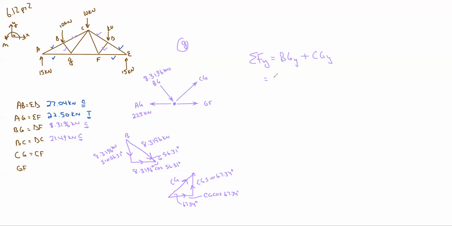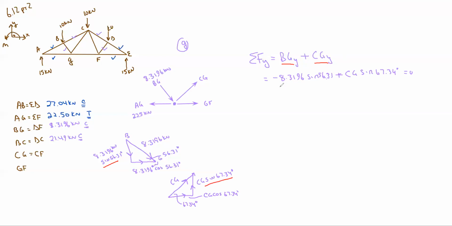So BGY is negative 8.3196 sine 56.31 degrees plus CG sine 67.34 degrees equal to 0. Let me write out where we got it from. So CGY and BGY, that's this one and that one.